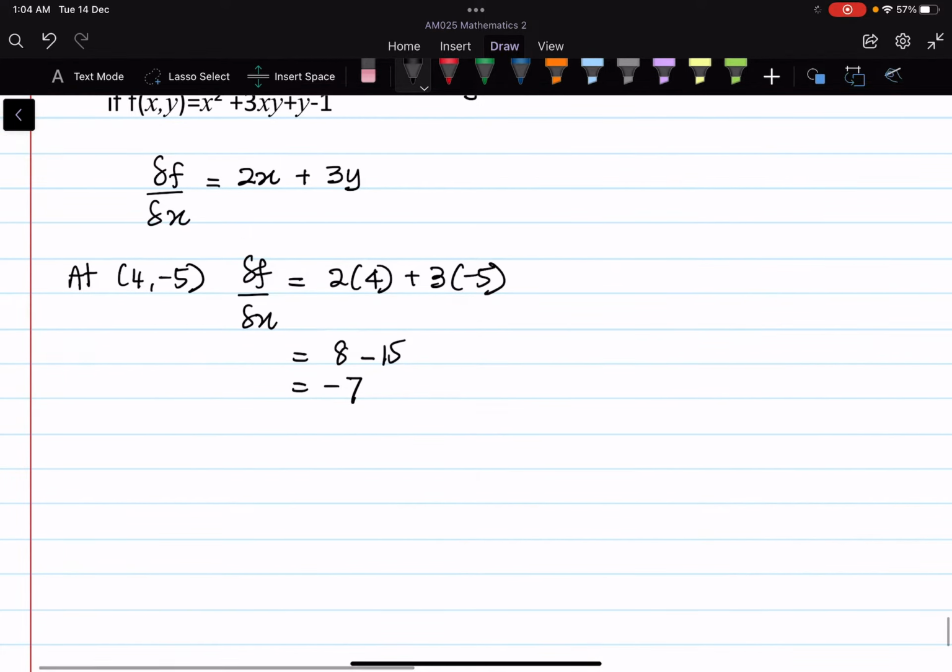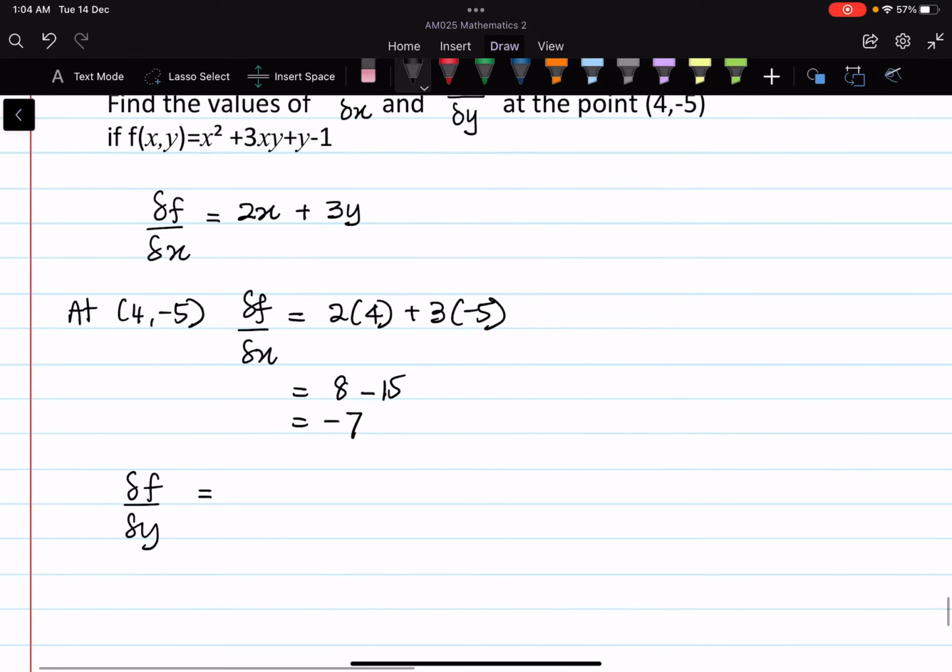So let us find ∂f/∂y, which is the first partial derivative with respect to y. Differentiate x² with respect to y is 0 because x² is constant.